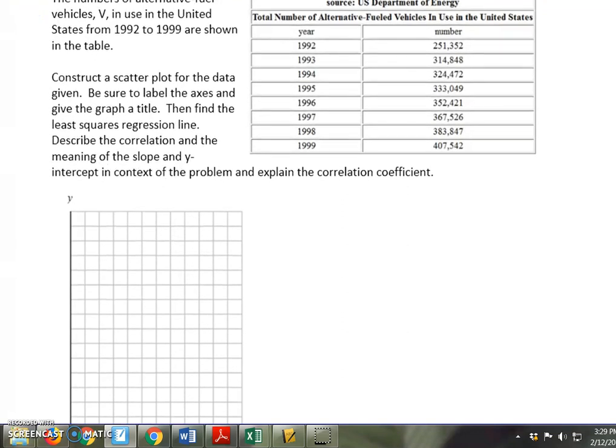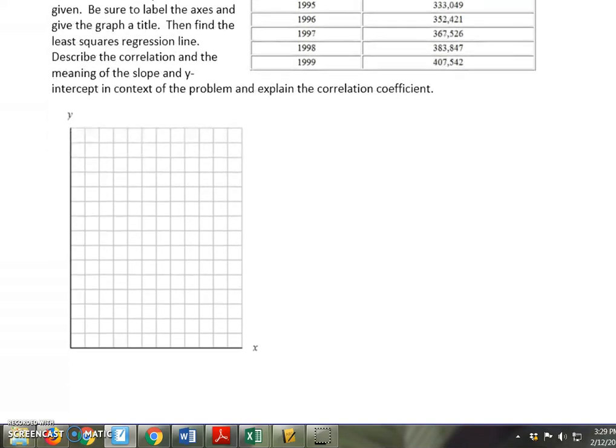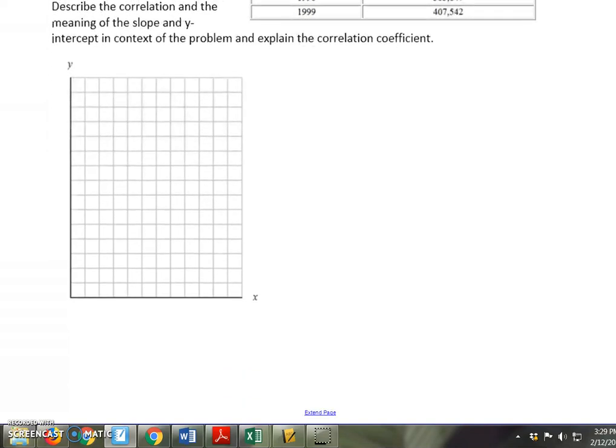First I'm going to number my years, and I'm going to make every line on my x-axis 1 year. I'll start with the year 1990, so my first line would be 91, 92, 3, 4, 5, 6, 7, 8, 9.